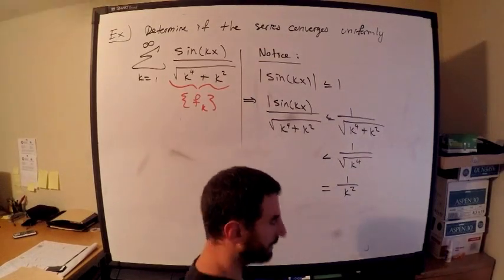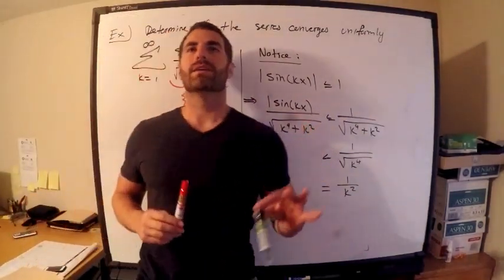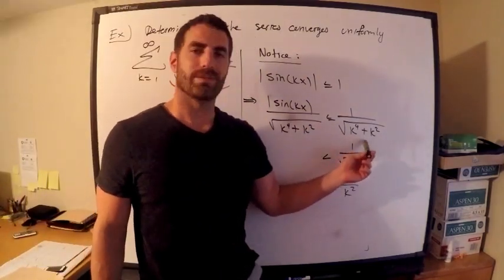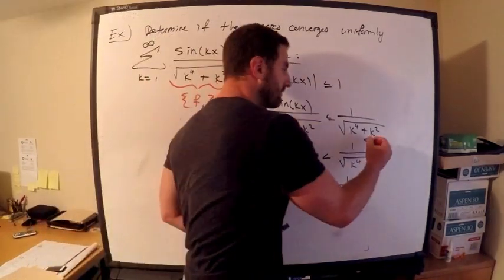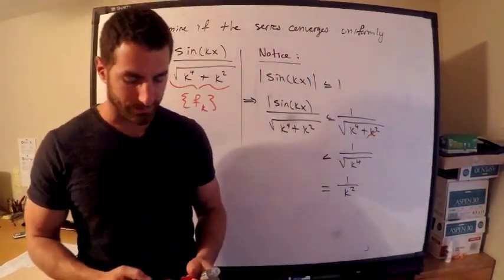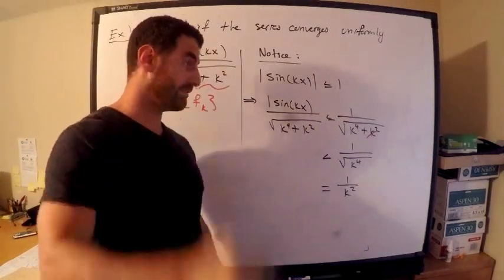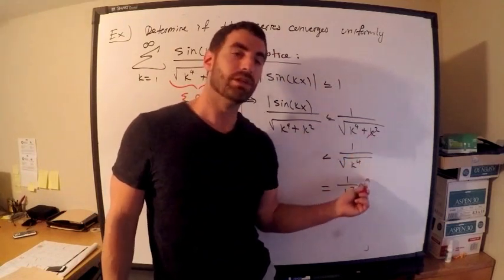Now back up a minute. Is this even true? Take a step back, be patient, and say yes, this is true. What did I do? I dropped the k squared. Why can I do that? Think about it for a second. What's the difference between these two?